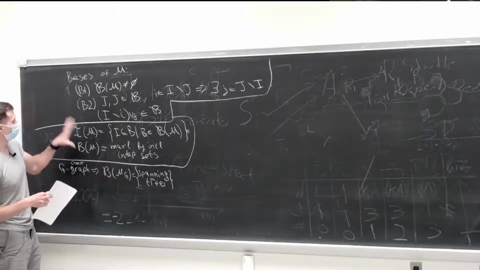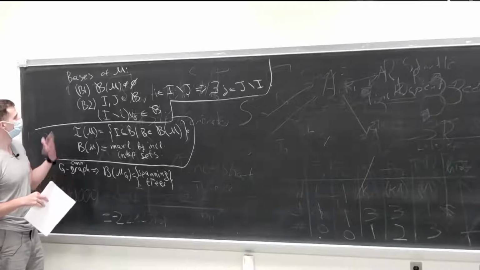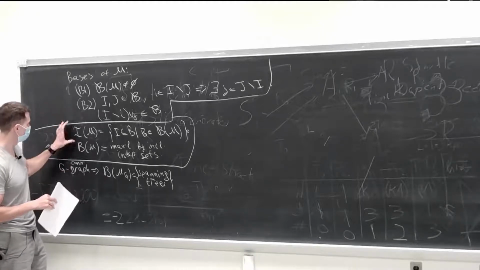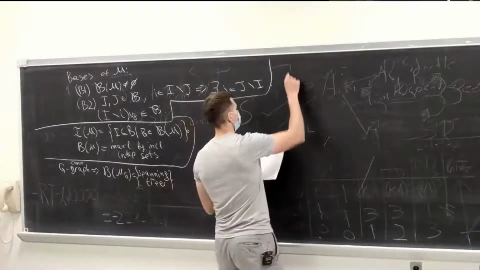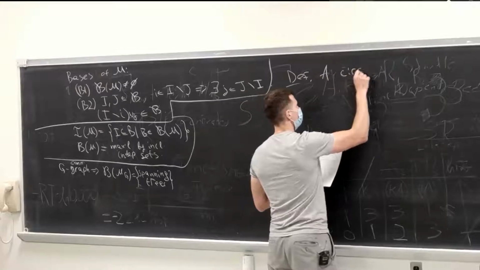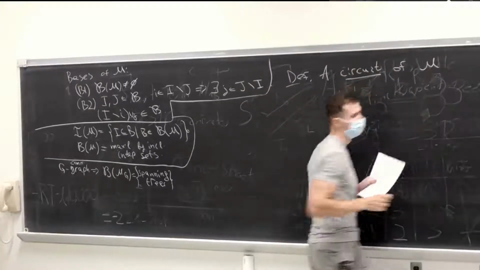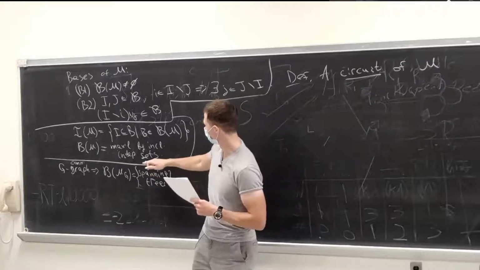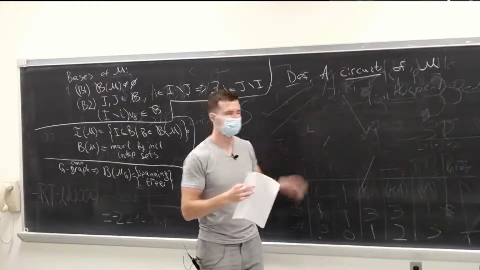And yeah, let me add one more system of objects to define matroids. So far we had independent sets and bases. Let's do one more. And the other one is going to be circuits. A circuit of a matroid. So bases are maximal independent sets. Circuits are minimal dependent sets.